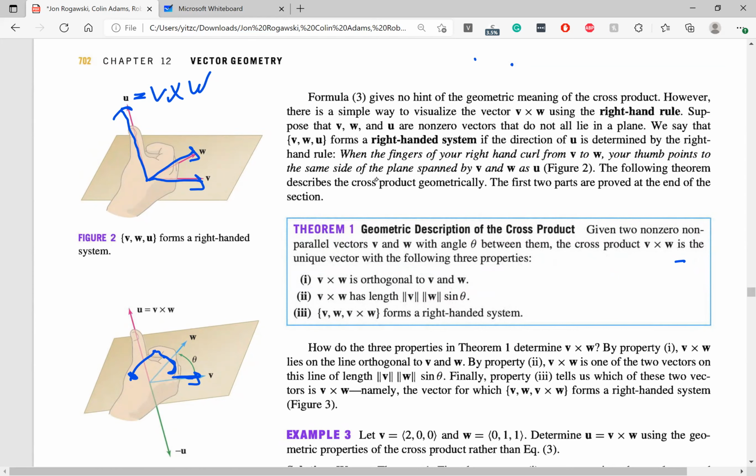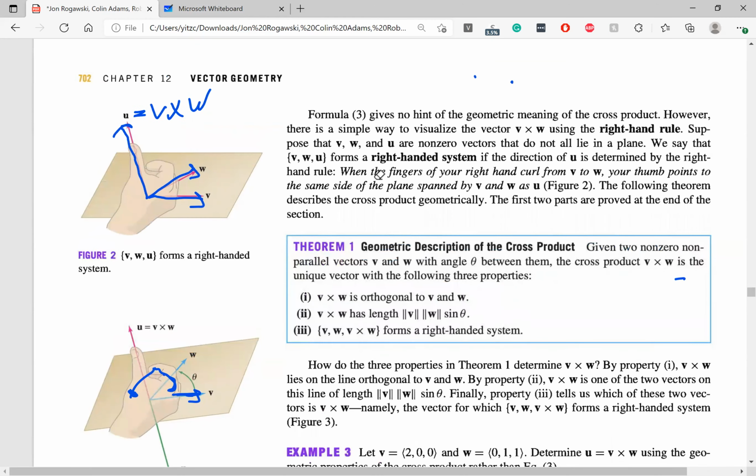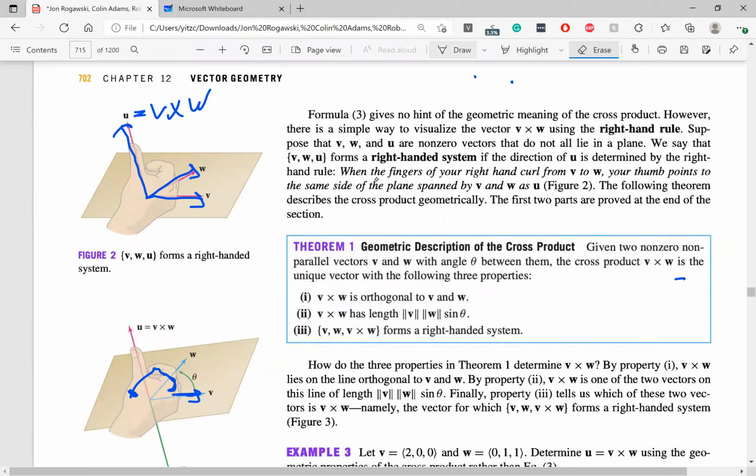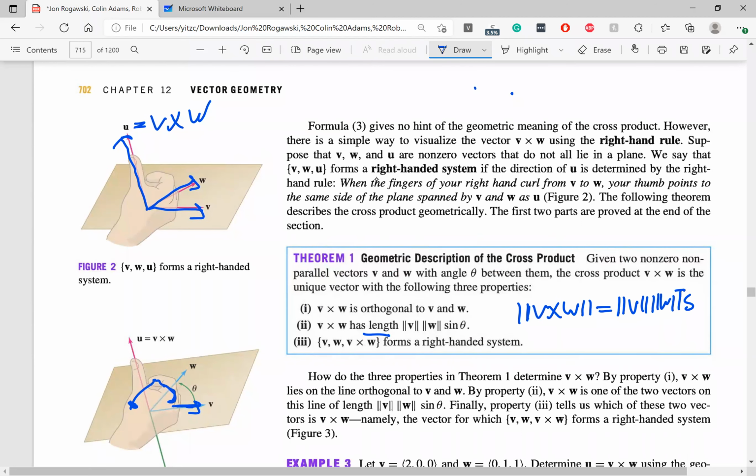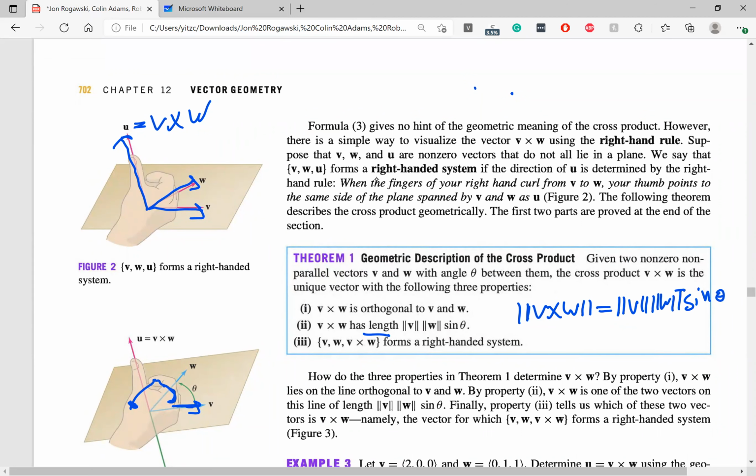is fairly similar, and so it should basically be remembered in a very similar way to the one for cosine, that the magnitude of V cross W, they say the length, is equal to the magnitude of V times the magnitude of W times sine theta.